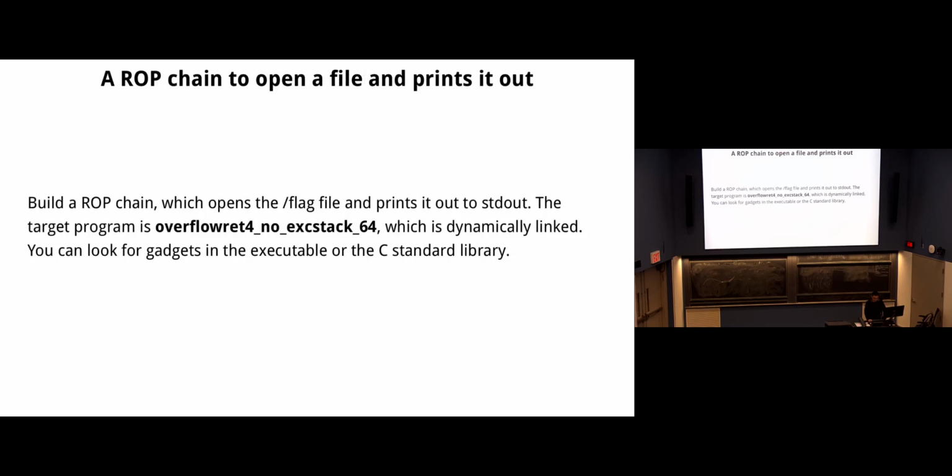So let's say another example. We are going to do overflow return 4. This is a challenge we keep revisiting. We have been changing its compile options many times. Now we're going to change its compile option again. Now the options are, there is no stack cookie, so you can't override the stack.